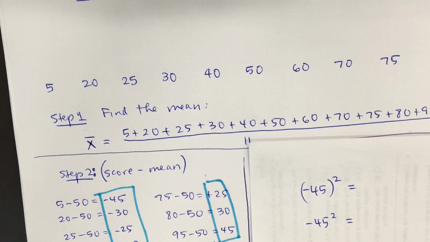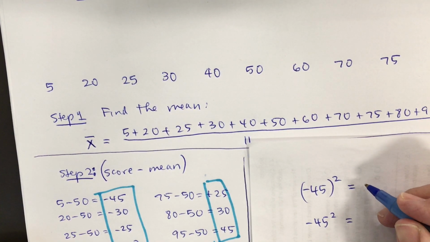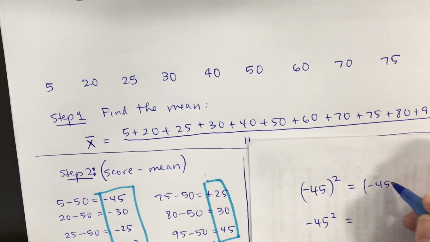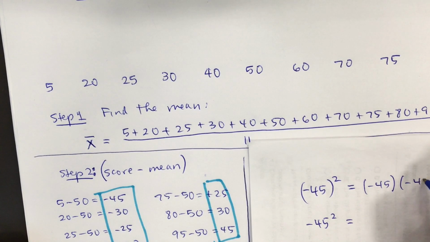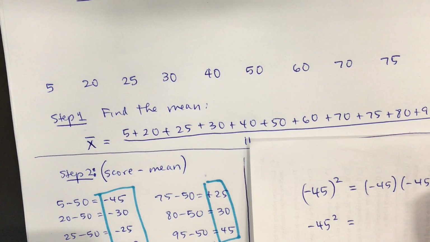I'm like, what? That never presented a problem to me before, but this is true. Negative 45 in parentheses squared is negative 45 times negative 45. Is that going to be positive or negative? That's positive. That is 2025.